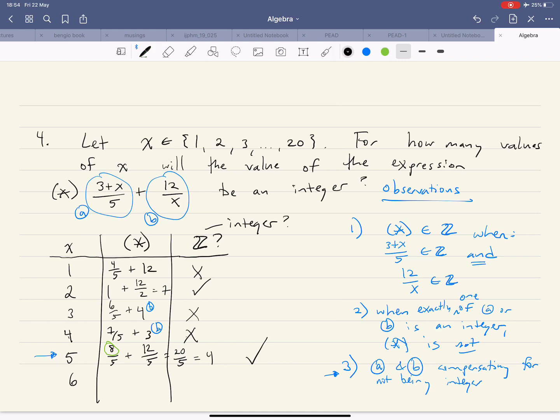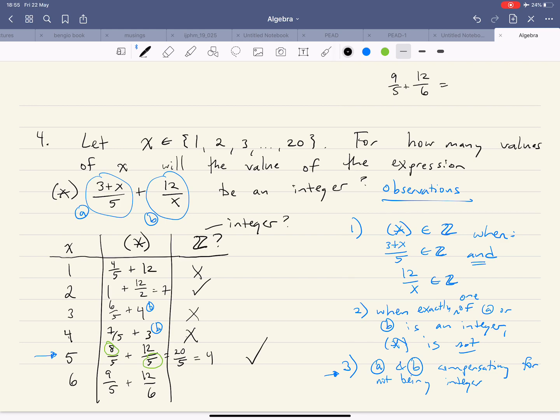This will be 9/5 plus, and then we're increasing the denominator here by 1, plus 12/6. So let's see what that is. 9/5 plus 12/6.